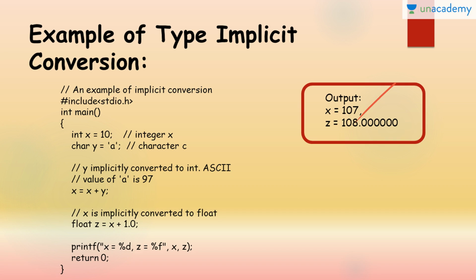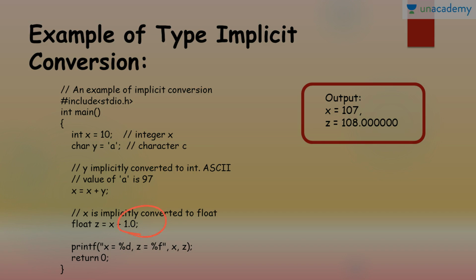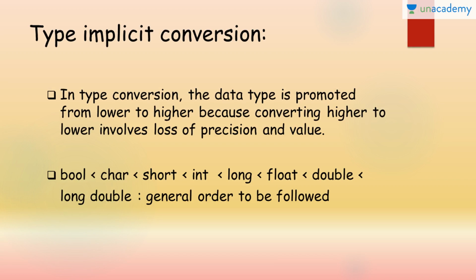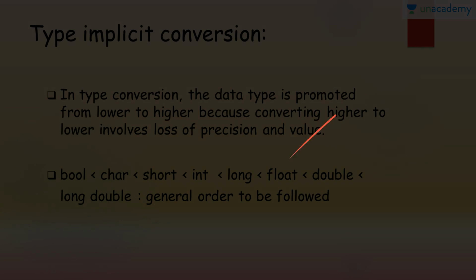So next is float z is equal to x plus 1.0. Now we know that x is integer type and x value is 107. So now we have to do 107 plus 1.0, but this is a float value. Now we'll come back to the order again. Float has a higher order compared to int, so int will be converted to float.